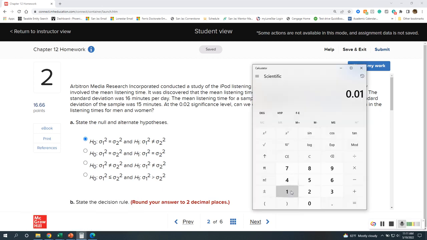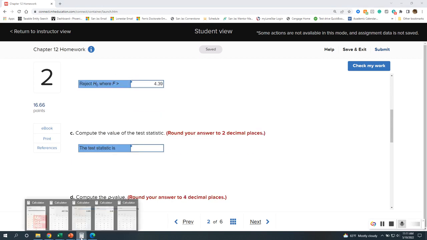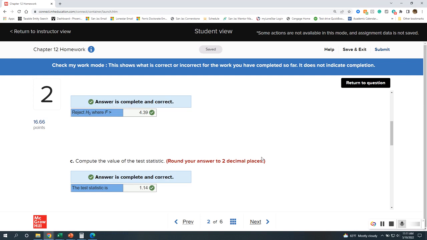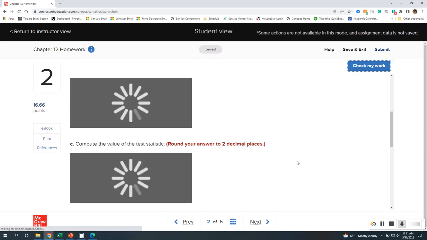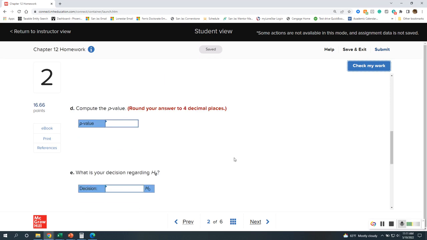So, taking our calculator, 16 squared divided by 15, because that's our standard deviation, squared, equals, it's going to be 1.14. 1.14, yeah. Check. We are correct. The formula for testing this when it's two variances is a lot easier.